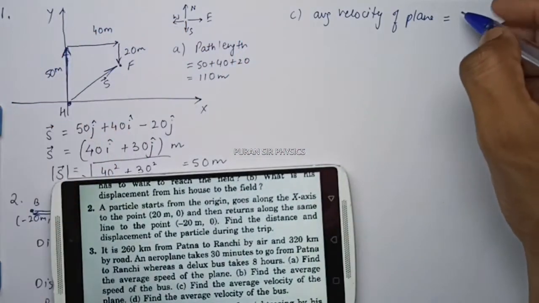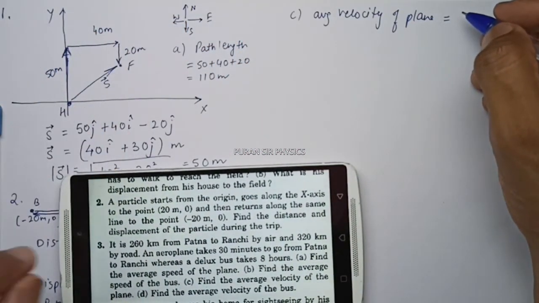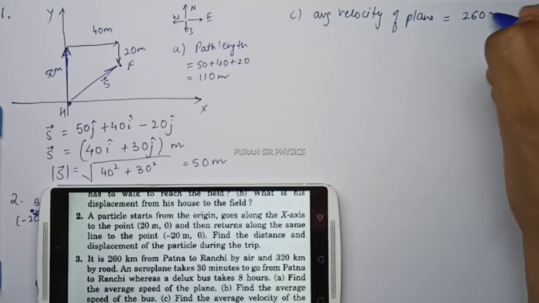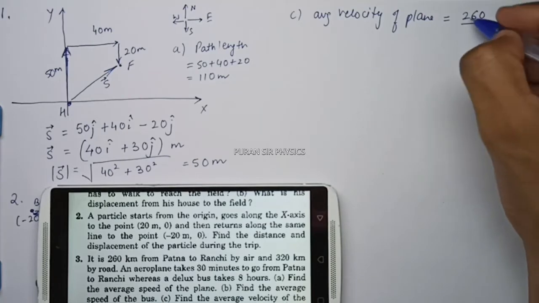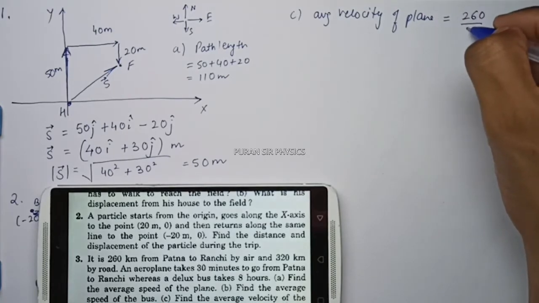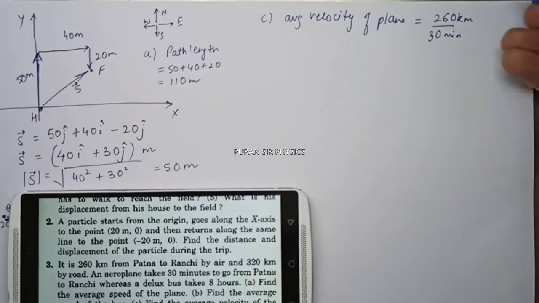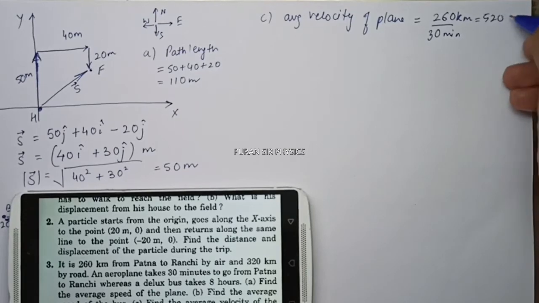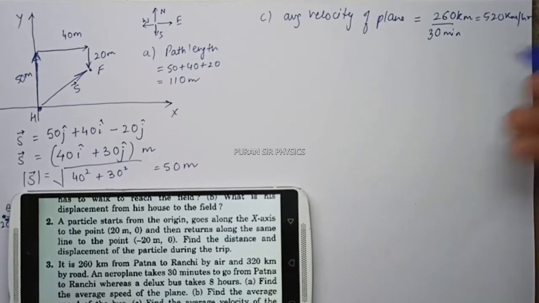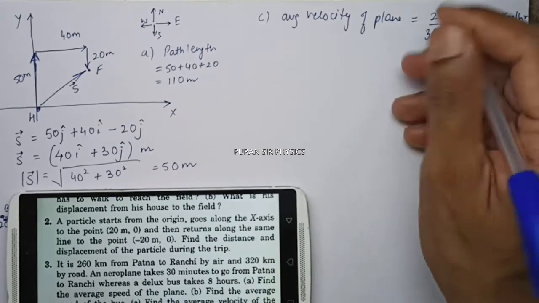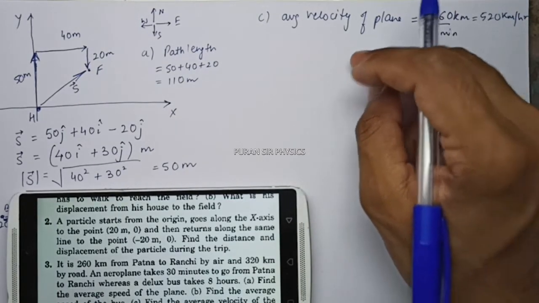So the straight line from Patna to Ranchi will be 260 km. So 260 km divided by, for plane, it will have the same value, 30 minutes, and it is kilometer. So when we solve this, it comes out to be 520 km per hour. And so this is the magnitude, and the direction will be from Patna to Ranchi.